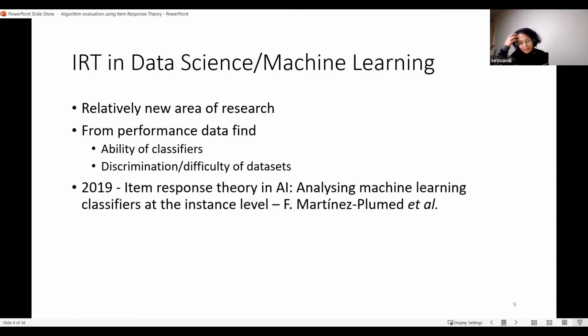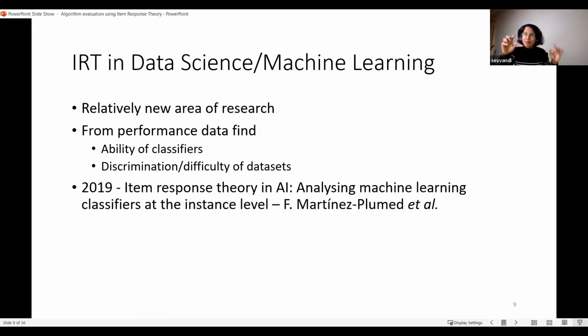And Kate presented this paper. I think there were some other papers, but this was the paper that came in this well-known journal linking IRT to all these things.